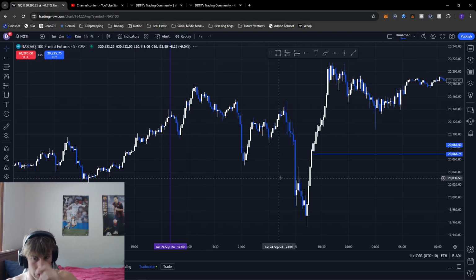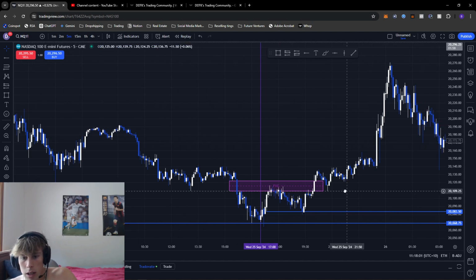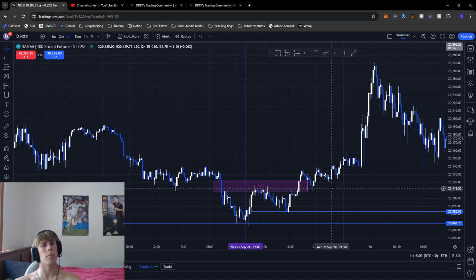The actual liquidity would be down below, like a proper one. But whatever, that's just stuff you learn from market experience and from what you see in the markets when stuff occurs.